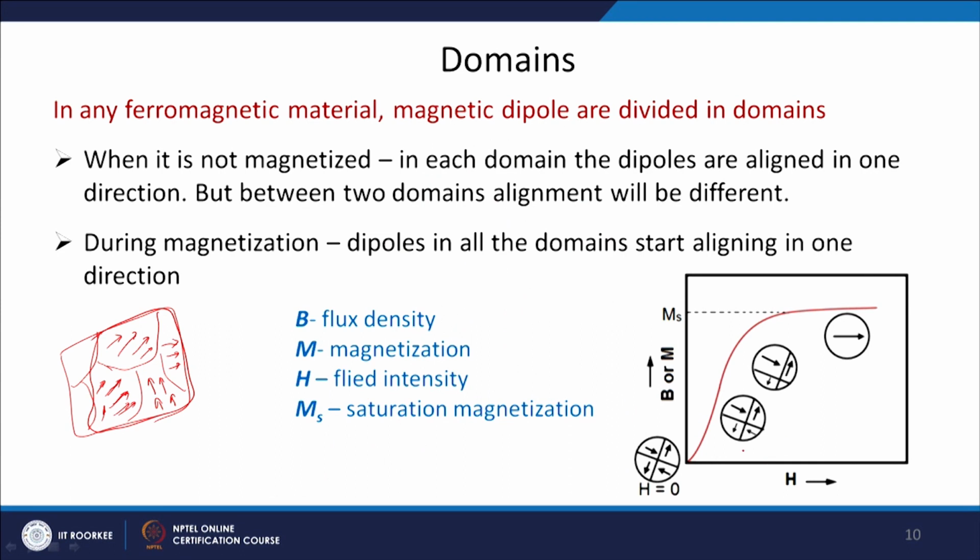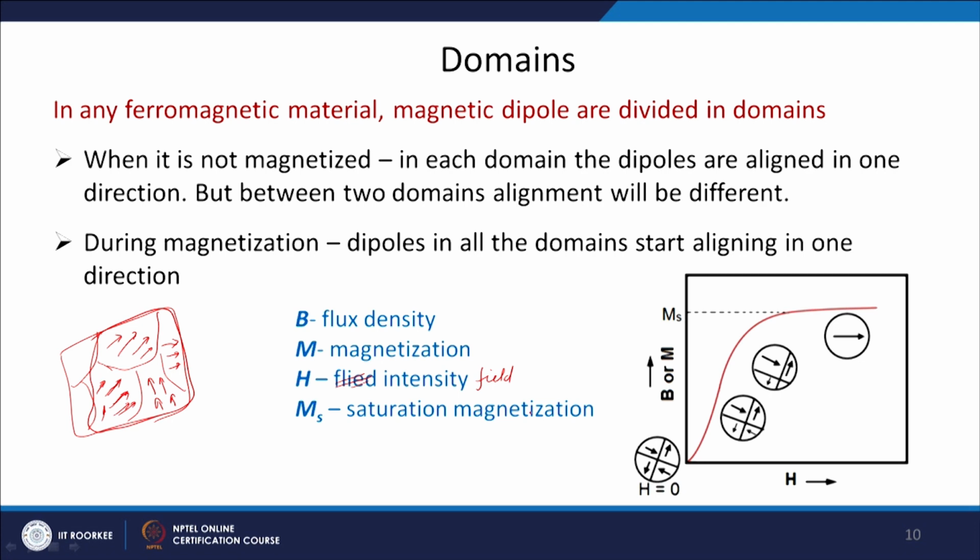So which can be shown by a curve like this, where it is called a BH curve, where B is your flux density, which is we are inducing the magnetic flux density in the material, or you can say M also magnetization, H is the field intensity. I am sorry, the spelling is wrong here. So field intensity H is on the x axis. So this is what externally we are applying on the material, and MS is the saturation magnetization.